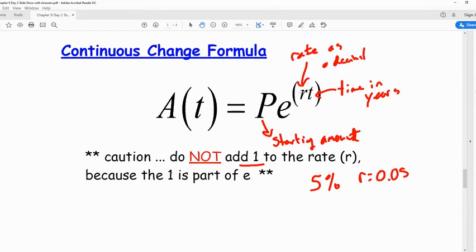R, do not add a 1 to it. That's a common mistake that students make. If it says 5% interest, the rate is going to be 0.05. The e value is going to make this thing increase without anything being adjusted with the r besides just changing it into a decimal. So that's all that you have to do, change it into a decimal and plug in that particular value for the r.